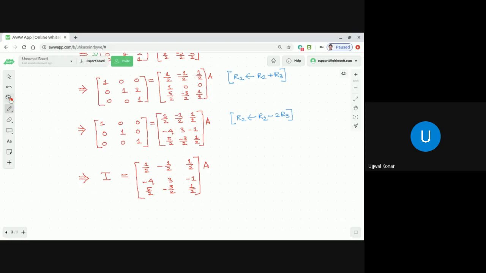So what we can conclude? We can conclude this matrix, what you see, this matrix is the inverse of A. Isn't it, dear students?